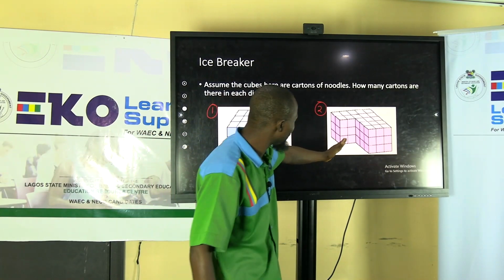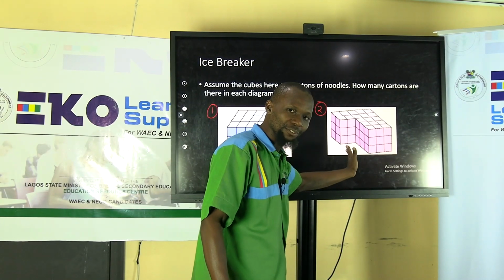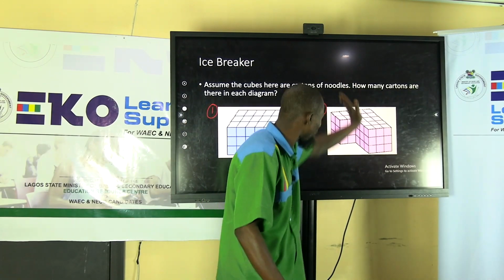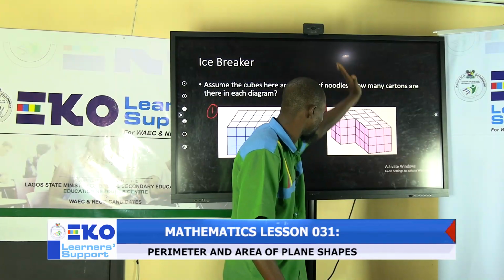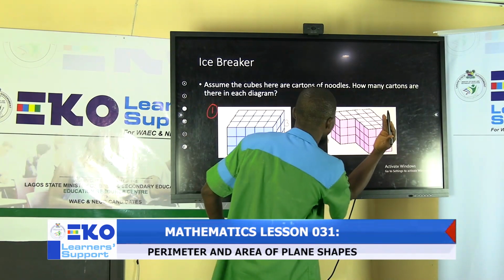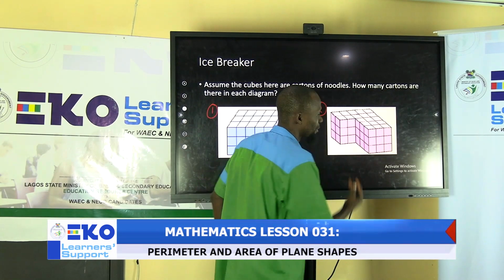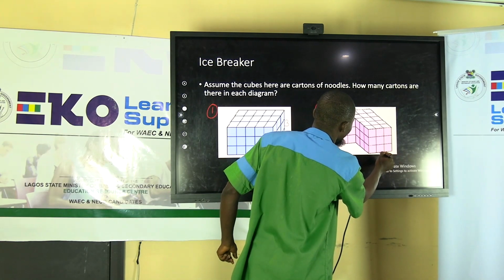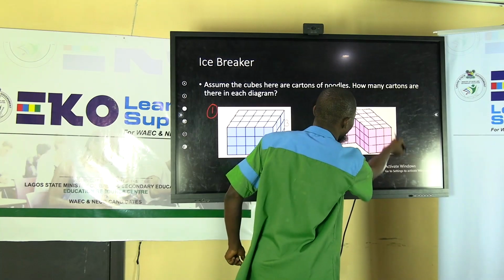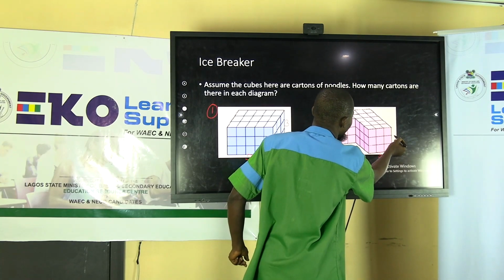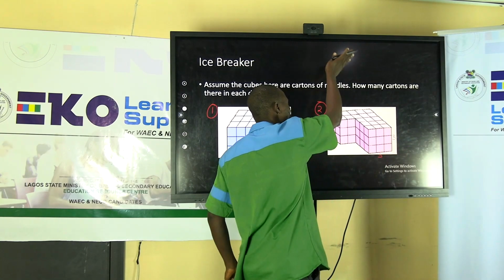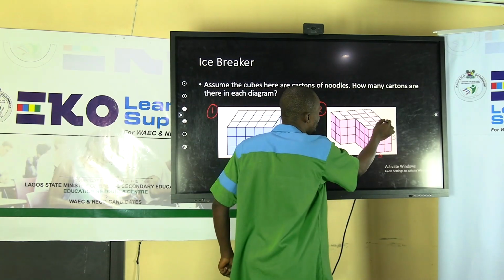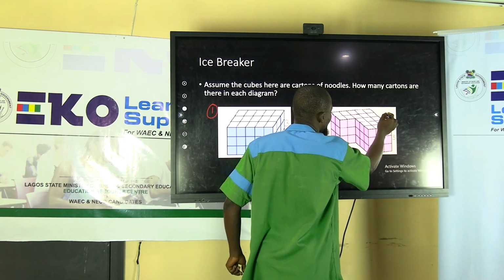And the same thing here, in the same manner. But here you may just need to cut the shape into 2, cut the whole area into 2. So this is 1, 2, 3. This is 3 here. And for the length to that side, we have 1, 2, 3, 4, 5.